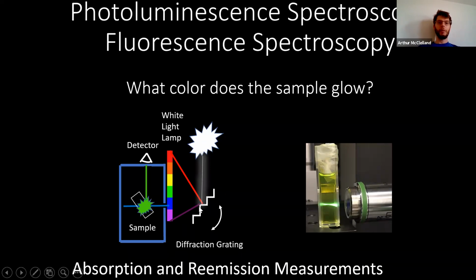We could send white light in, spread it out, send a single color in, and then measure what colors are emitted. We could put our monochromator on the front, we could put a spectrometer on the back if we wanted to sort photons more carefully and have better spectral resolution. But it's again just shining light at the sample and seeing what color of light is re-emitted.